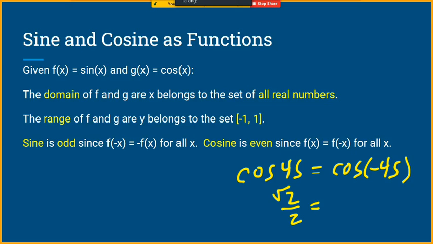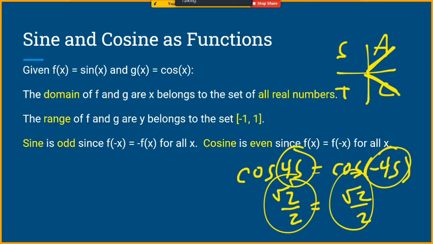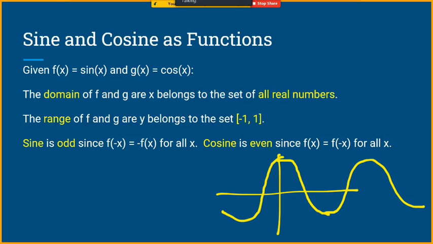The cosine of -45 is also root 2 over 2 because cosine is positive in quadrants 1 and 4, and they're the same reference angle. So no matter what, as long as these are opposites, you'll get the same output. Alright? And graphically, even functions have symmetry along the y-axis. So that means that if you were to graph cosine, and we'll do that later on in sections, and reflect this over the y-axis, it would reflect onto itself.